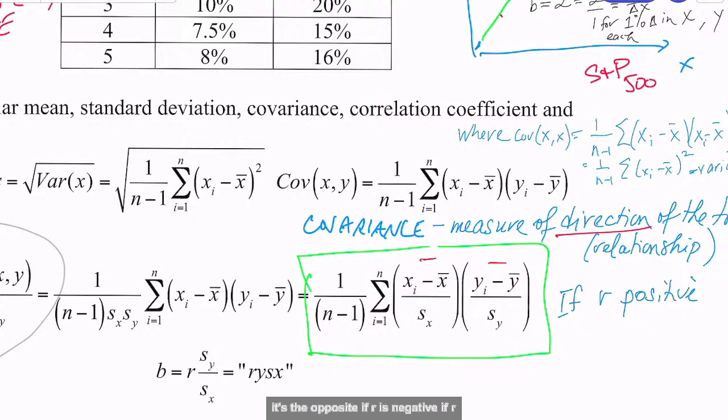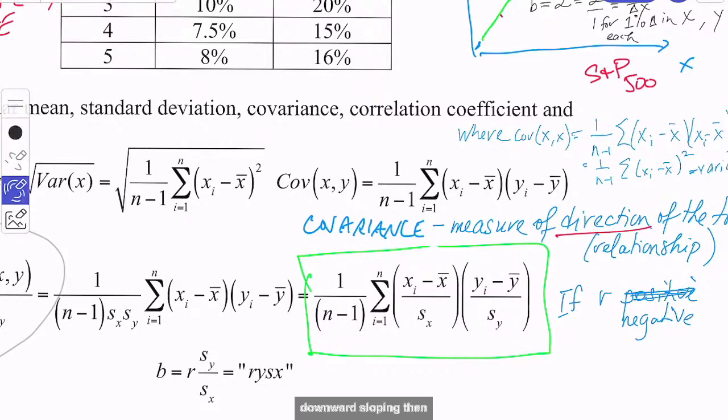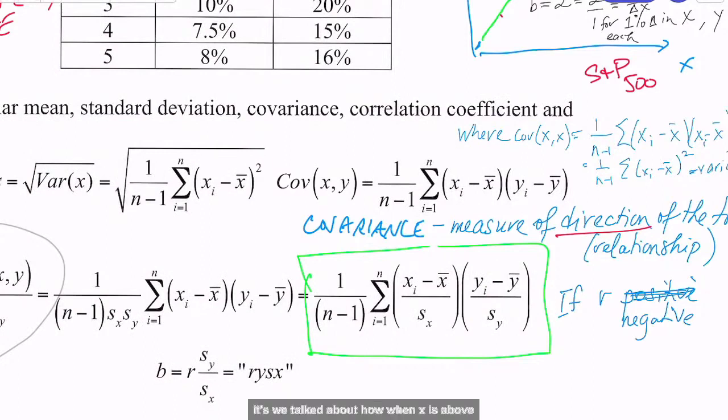It's the opposite if R is negative. If R is negative, what happens? So if the relationship was a negative relationship, downward sloping, then we talked about how when X is above, Y is below. It behaves opposite. So what's going to happen when they're opposites?